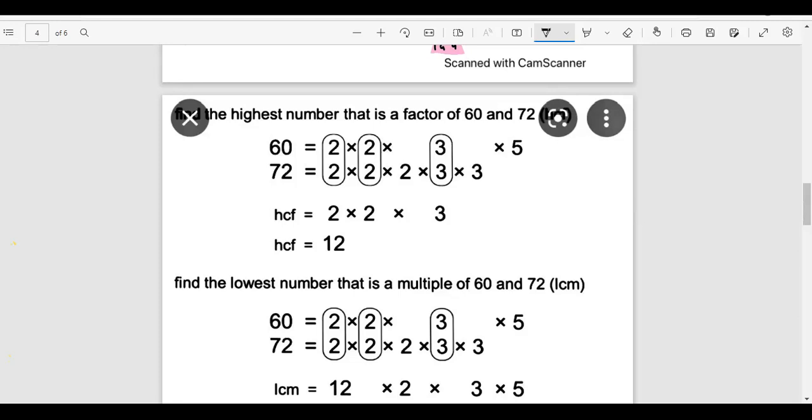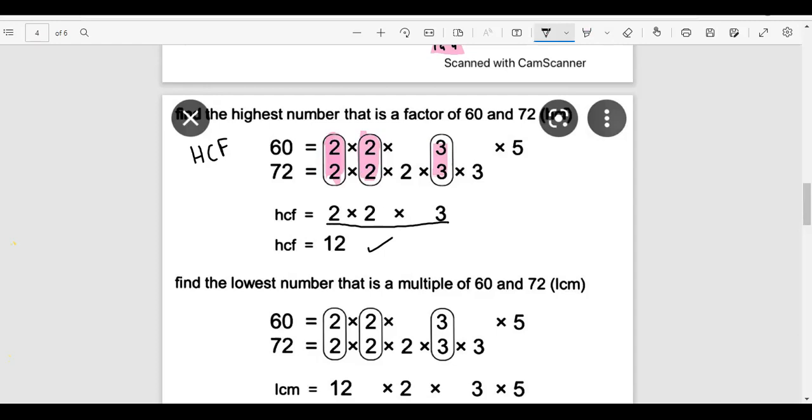ठीक है. अच्छा, अभी हम बात कर रहे हैं HCF की. HCF में हम क्या करेंगे? हम सबसे पहले तो कॉमन फैक्टर्स को हाईलाइट कर लेंगे. 2 and 2 कॉमन है, अगेन 2 and 2 कॉमन है, अगेन 3 and 3 कॉमन है. और सिर्फ जो ये हाईलाइटेड है, सिर्फ जो कॉमन आ रहे हैं उनको हम एक एक बार लिखेंगे और उनको हम मल्टीप्लाई कर देंगे. ठीक है, So this is the method which we use whenever we have the prime factorizations in order to find the HCF, right?